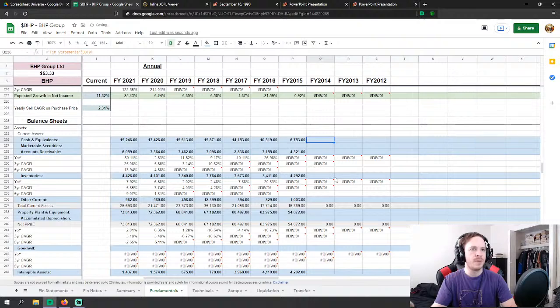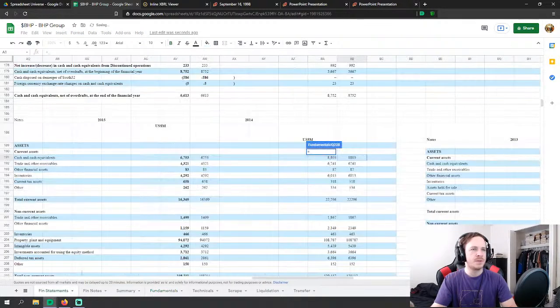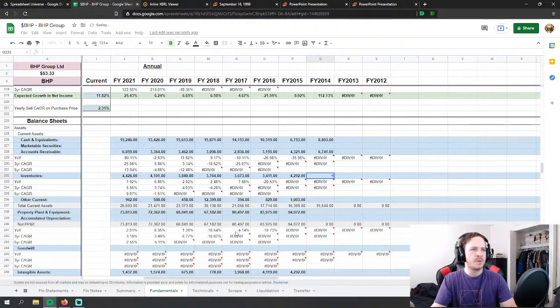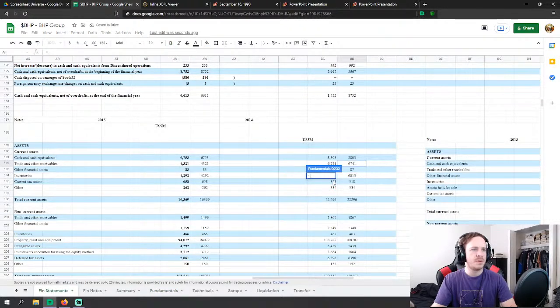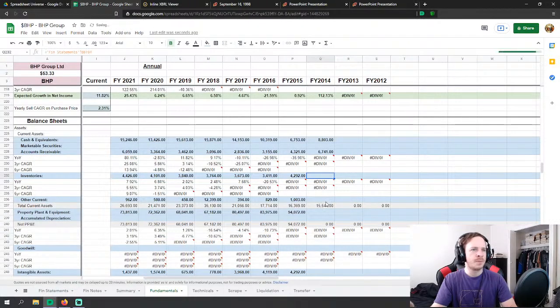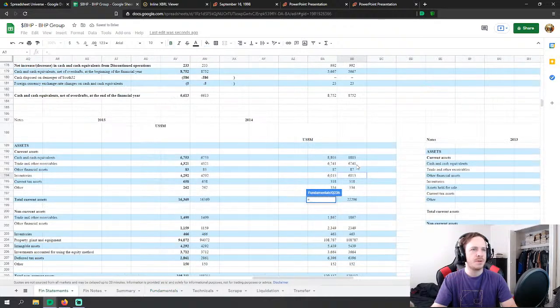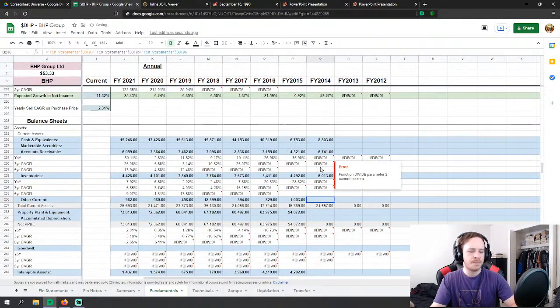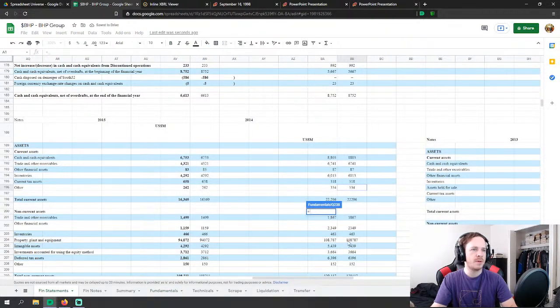Cash equivalents. Trade receivables. Inventories. Everything else current. Property, plant, equipment.